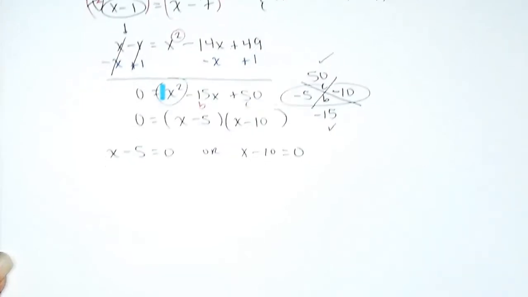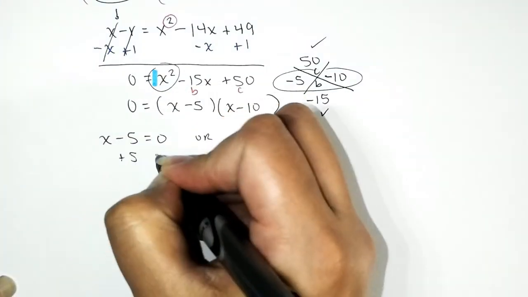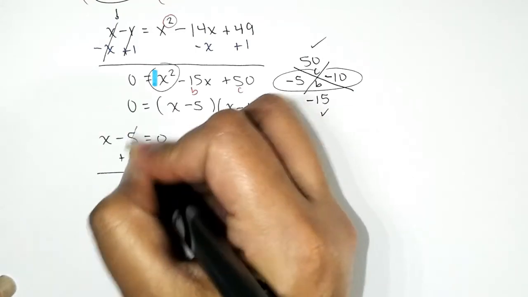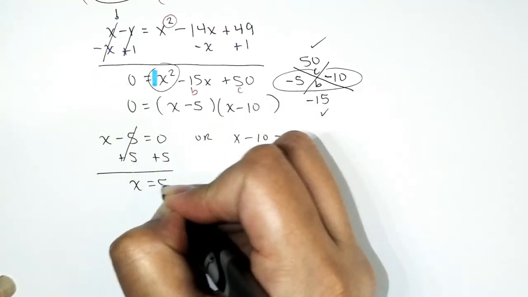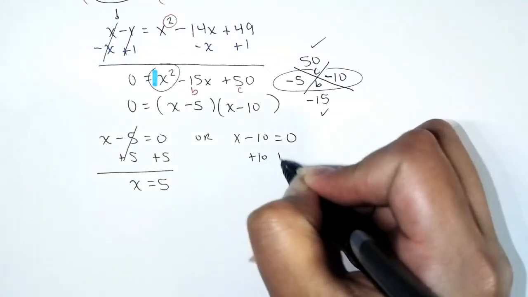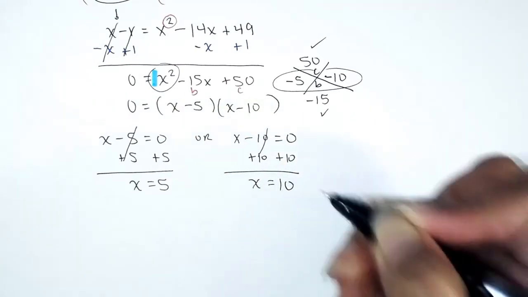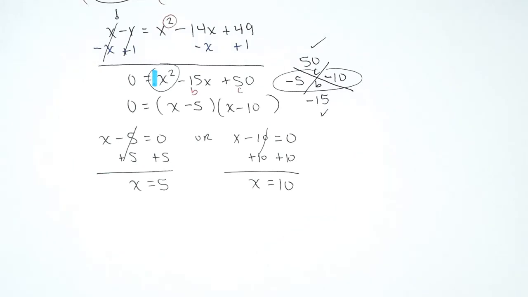If the first factor equals 0, after we add 5 to both sides, that's going to lead to a proposed solution of x equals 5. If the second factor equals 0, when we add 10 to both sides, that's going to lead to a proposed solution of x equals 10.